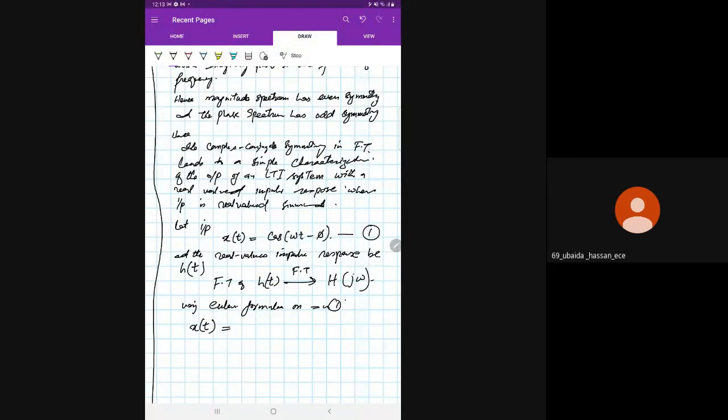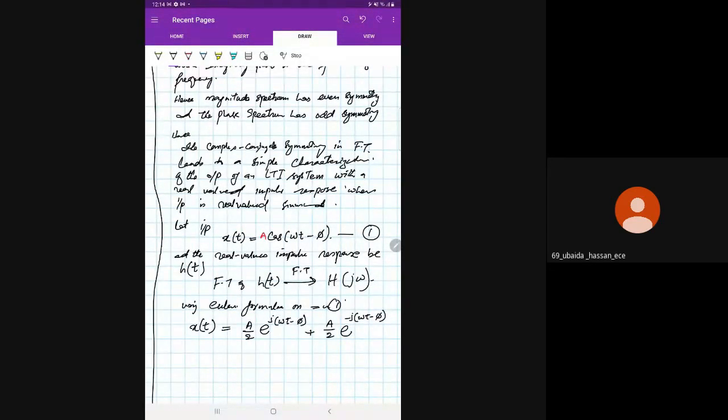You know that cos theta is equal to 1/2 of e raised to power j theta plus e raised to power minus j theta. A is the amplitude. So A by 2 e raised to power j theta, where theta is omega t minus phi, then plus A by 2 e raised to power minus j theta. This is the theta.